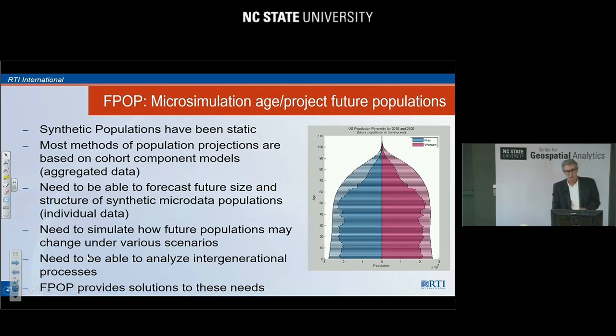And so we built a model called FPOP, which doesn't really stand for anything, but F might be future, POP is population. Anyway, this is useful because a lot of processes we're looking at to study, let's say climate change, don't happen in 1 year, right? It happens over decades.